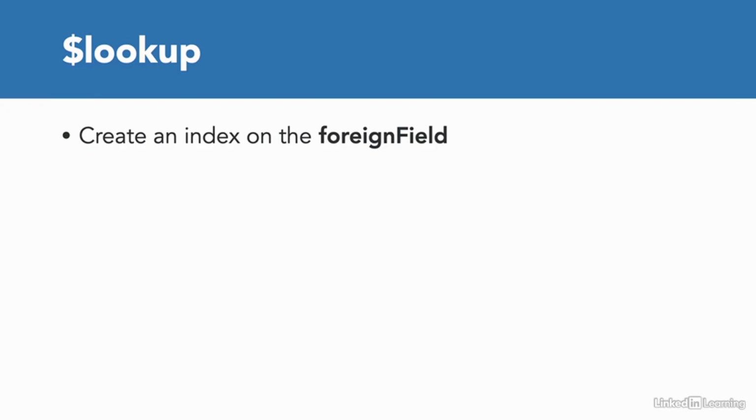Otherwise, the performance of these queries will not be good, because the lookup query will have to perform a collection scan for each document, meaning that for each order document, it needs to check the entire inventory collection to check every single document whether it is a match. So if you're familiar with O notation, that is an n-square cost. Not good. That's why you need indexes here.